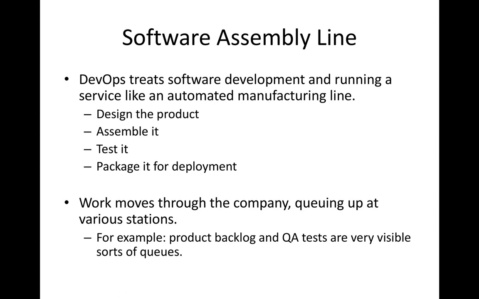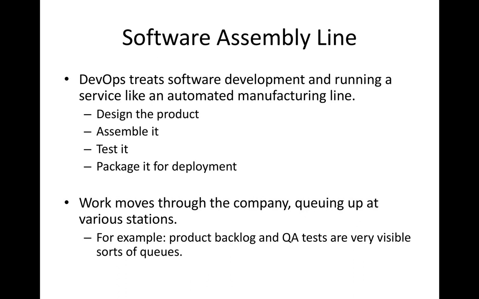And during the software assembly process, work is moving through our organization. It's queuing up in different parts of the company. For example, your product team might be thinking up new features or new requirements for the product, and those features end up as stories on some sort of product backlog.